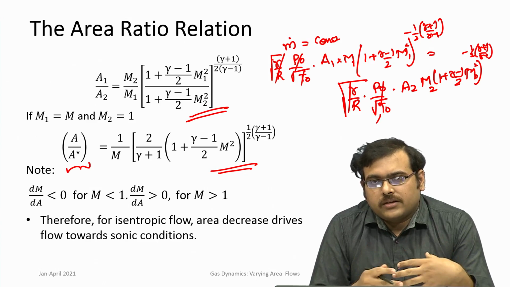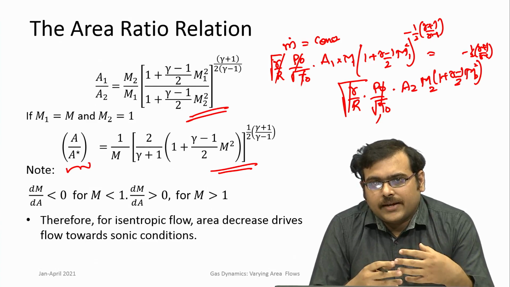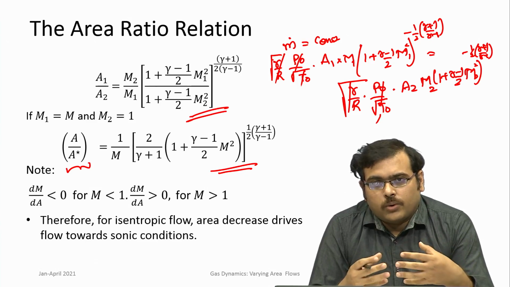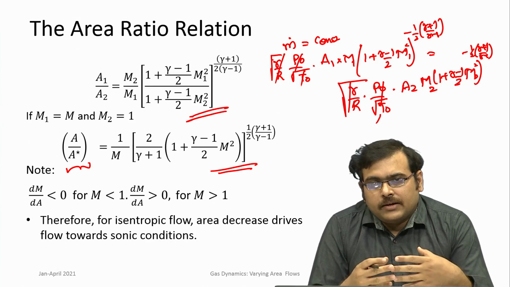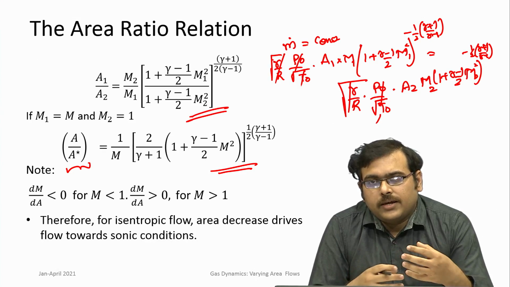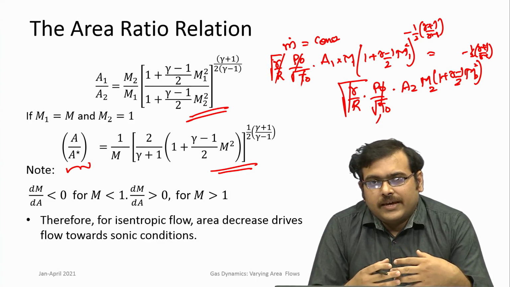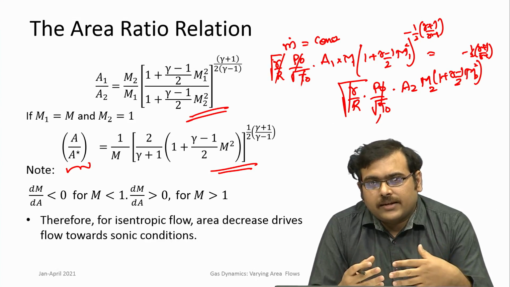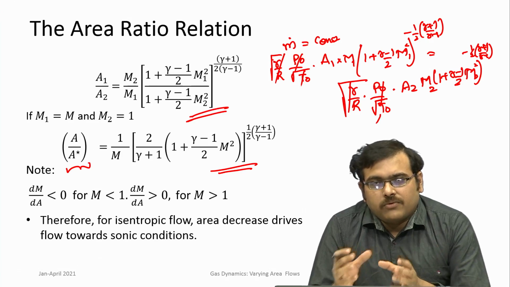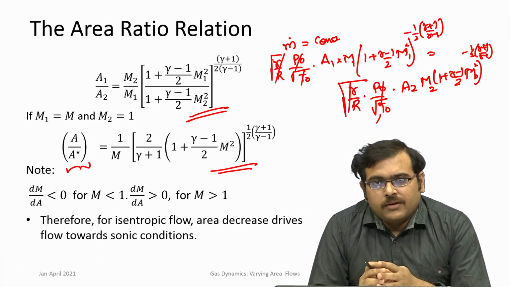This is something that you have to understand. Depending on the variables that you know in a particular problem, the same quantity can be expressed in different ways. If you know static pressure, temperature and Mach number, then you can calculate mass flow rate using a certain relation.